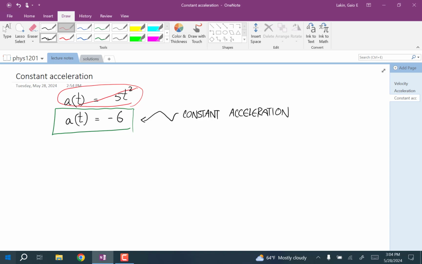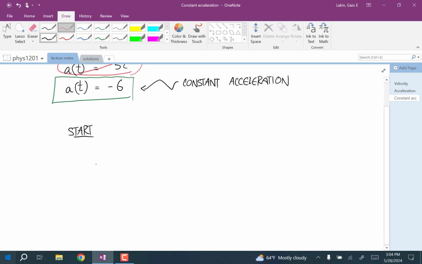And so remember, I am going to think of the start of the motion, and that start of the motion is when we click the start button on the stopwatch. Okay, so at the start of this motion, we click on the start button, and the stopwatch says zeros, but now the time is going to start counting up.